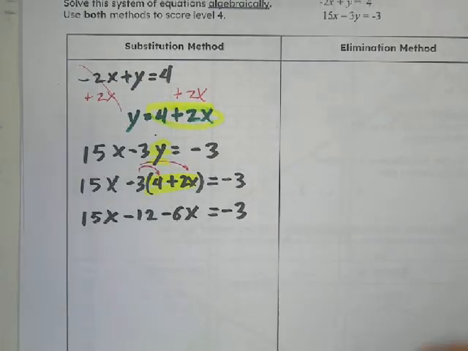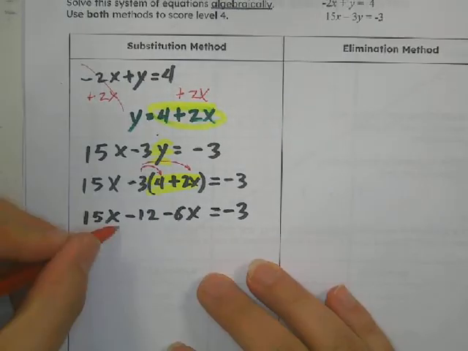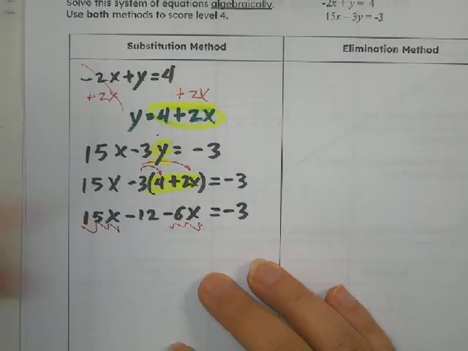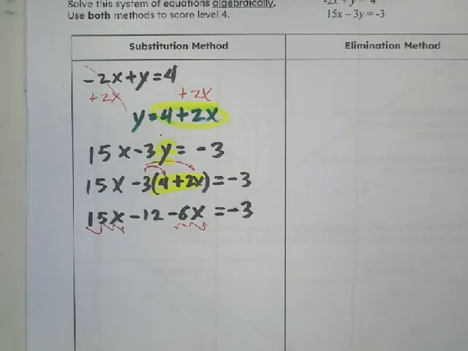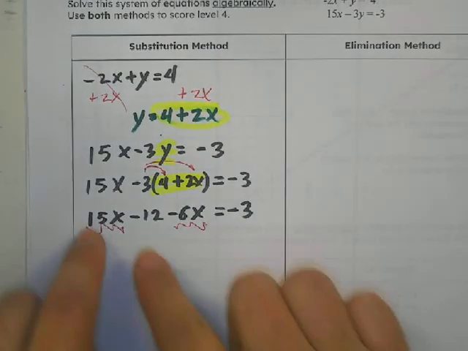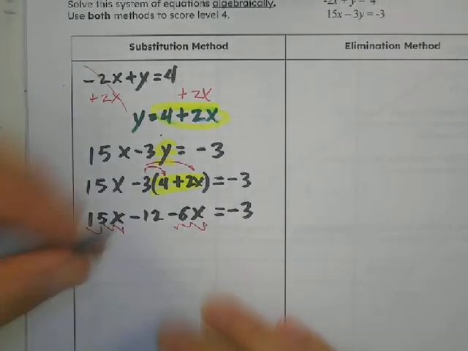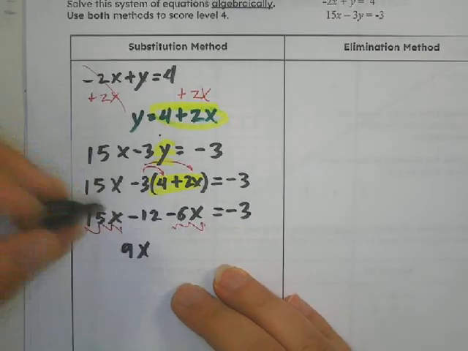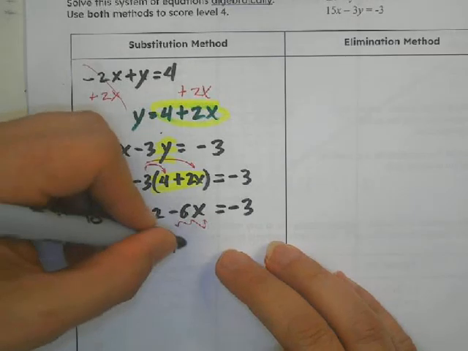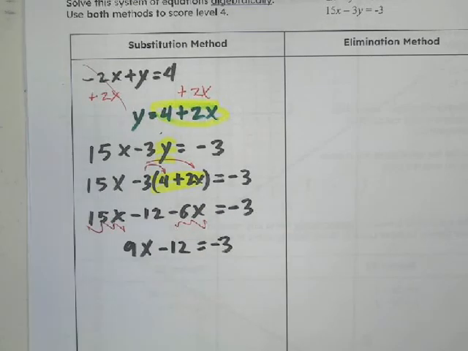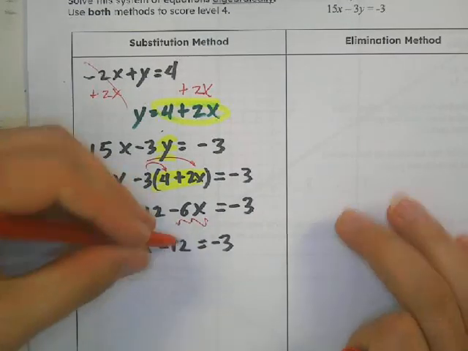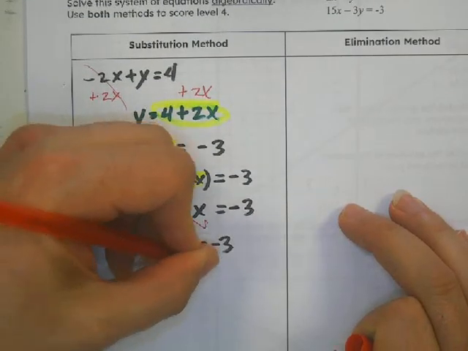Okay, so now I've got 15x over here, and I've got negative 6x on the same side of the equal sign, so I can combine those terms. 15x and negative 6x is going to give me 9x. Okay, so now let's get this 12 over here. So I'm going to add 12 on both sides of the equal sign.